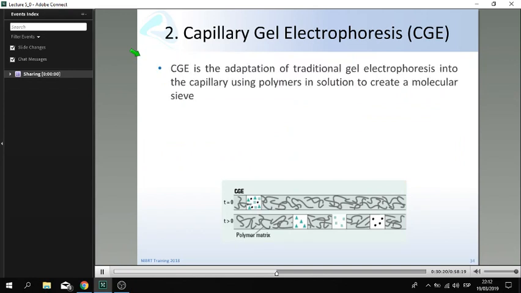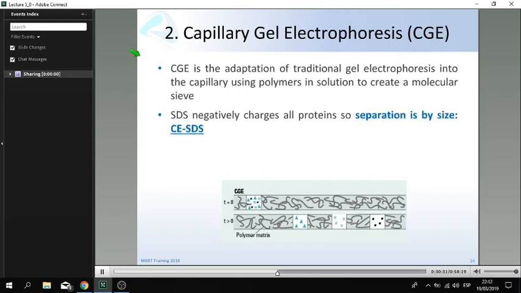Capillary gel electrophoresis is just an adaptation of traditional gel electrophoresis, but now you're using polymers in solution and putting them into a capillary to create a molecular sieve. You add SDS and boil your sample, so that all of your proteins are negatively charged.